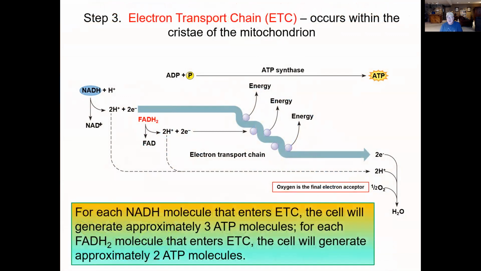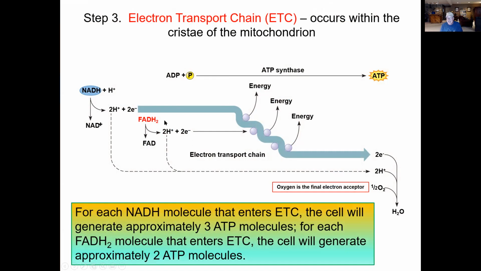Now, for every NADH molecule, for every big busload of electrons that dumps off its cargo, if you will, in the form of electrons to those embedded proteins, and then the hydrogen ions get pumped across into the intermembrane space, and they diffuse back through the ATP synthase into the matrix, for every NADH that does that, the cell generates about 3 ATP molecules.